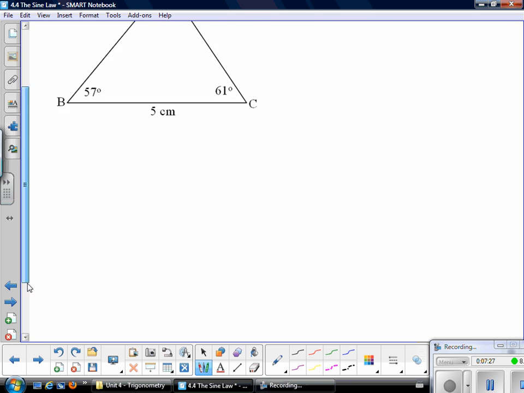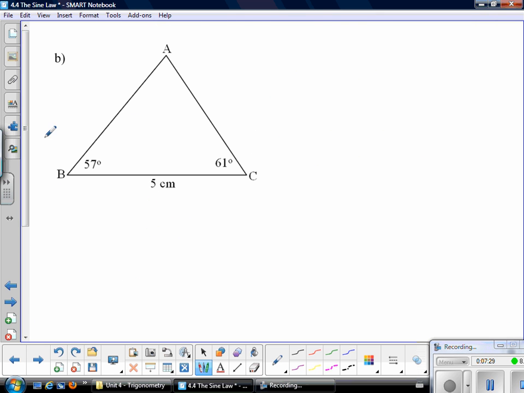Okay, so here is another one. Now remember I said you could use the sine law two different ways. So how about we write it a different way? Now this time I already have A, B, and C, so that's great. So let's write it with the sides on the top this time.